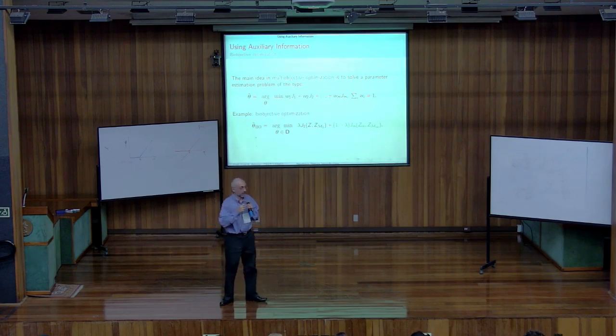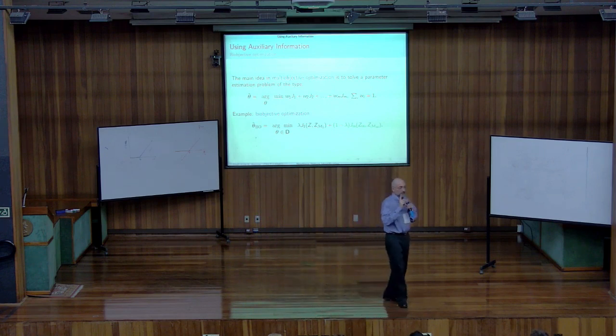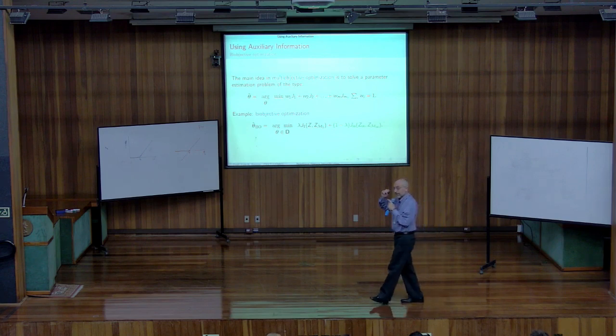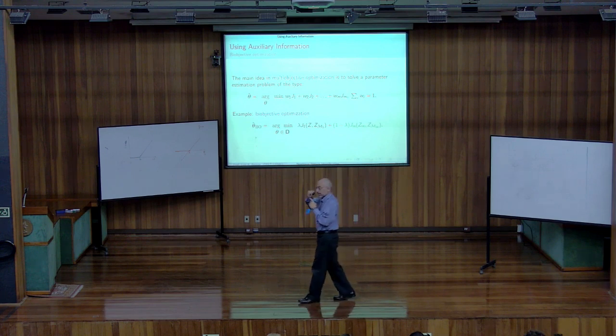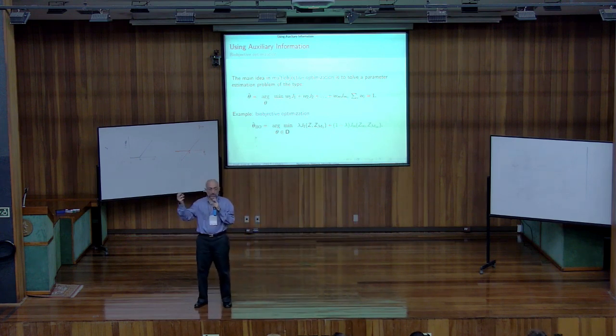So far, we have done only one objective. The objective was, I want to reduce the squared errors between the data and the model. Okay? Now here we're going to imagine, okay, if I have two data sets, I can have two objectives.